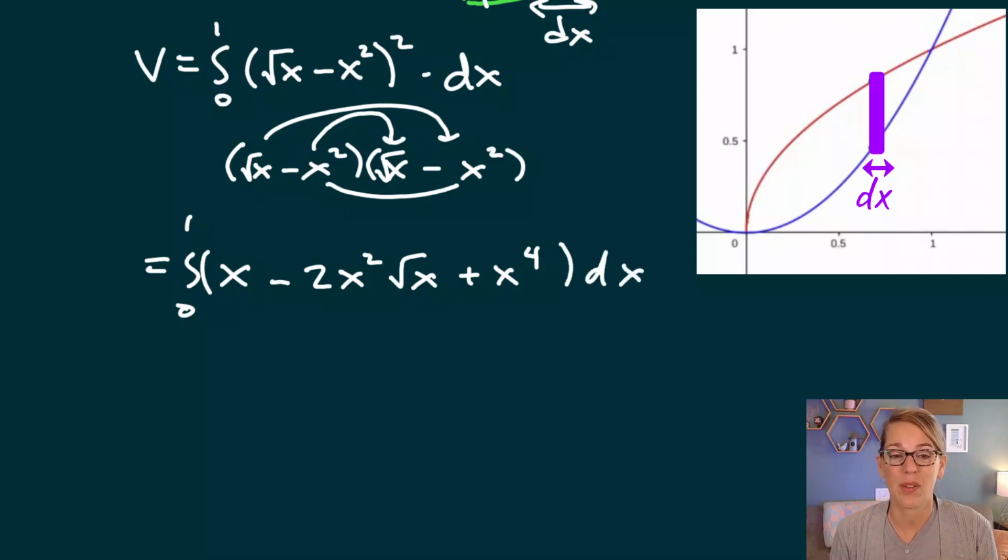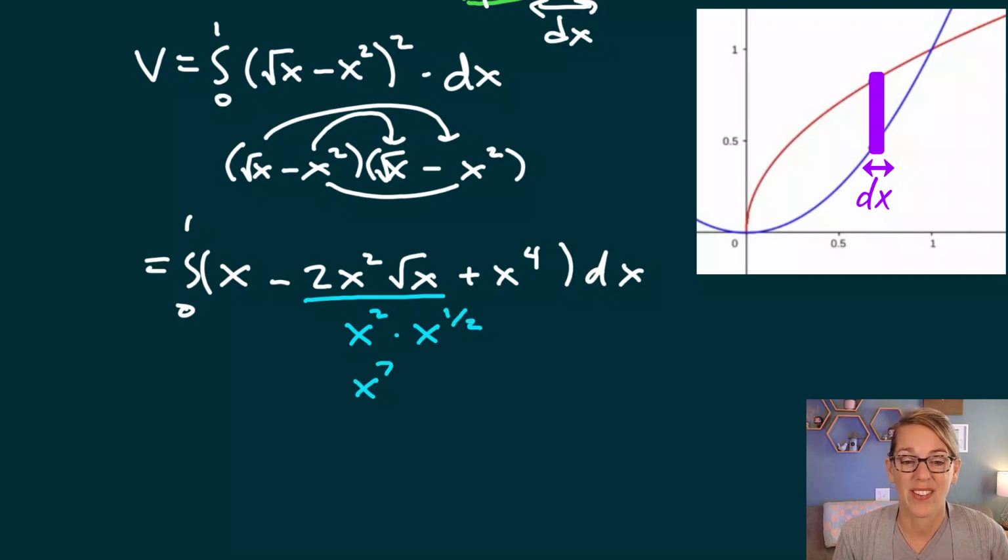Now I'm going to be able to use a power rule. The only one that I've got to change in terms of working on a power rule is my x squared radical x. The square root of x can be rewritten as an x to the 1/2 power. As I add those together, I get x to the 2.5 power, or x to the 5/2.